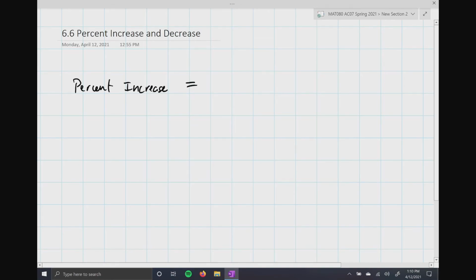So percent increase is basically going to equal the amount of increase over the original. Okay? Now what I mean by original is that is always going to be a little bit different. It could be like original price or it could be like original number. It's just the original.